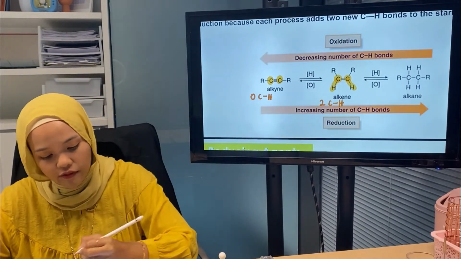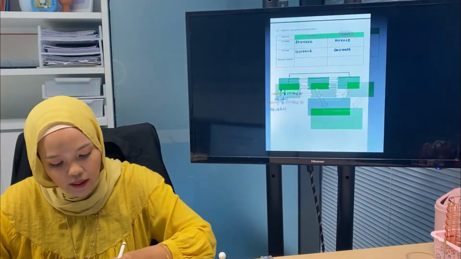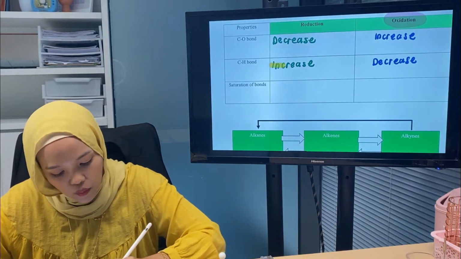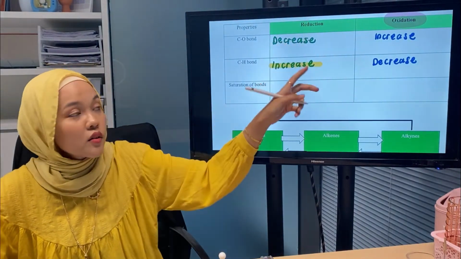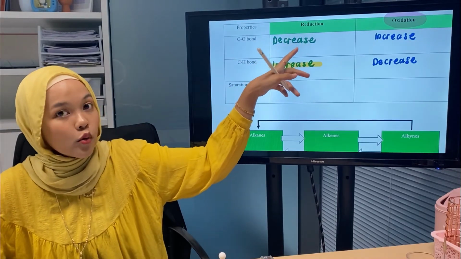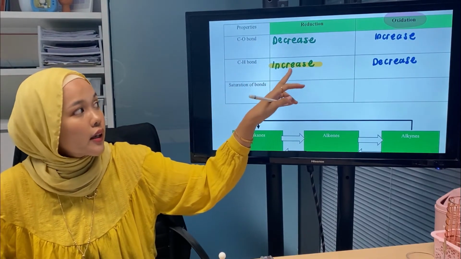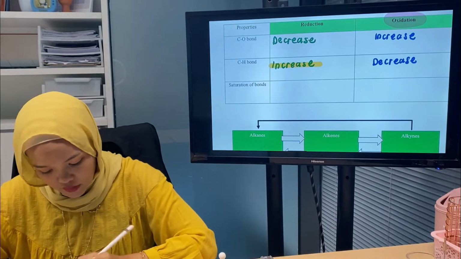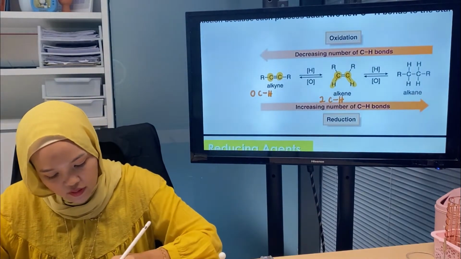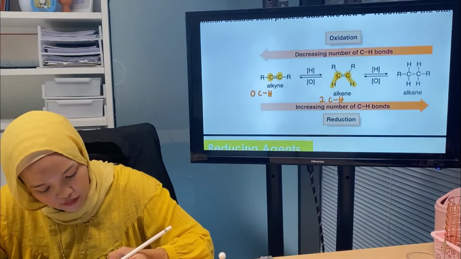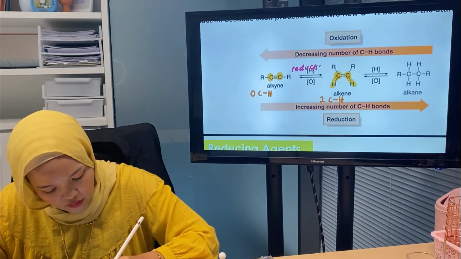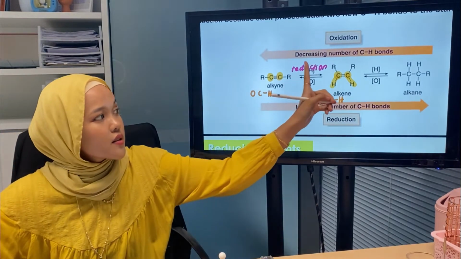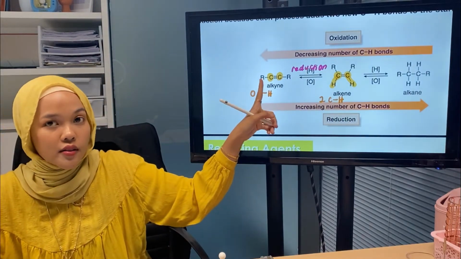So if you have an increase in carbon-hydrogen bonds, what kind of reaction is it? Reduction. So it doesn't have to always meet both. It can be one of them only. So this one is considered a reduction reaction. So the reverse is going to be oxidation.